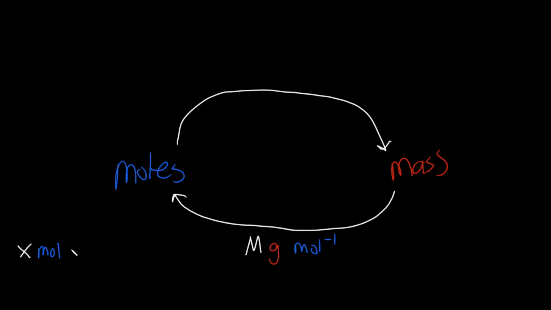And we can do this by simply multiplying by the molar mass, like this, so that we have mole divided by mole, which is the same as 1, so it cancels out. And now we're just left with X times molar mass with the unit grams. So now we just converted moles into mass by multiplying with molar mass.